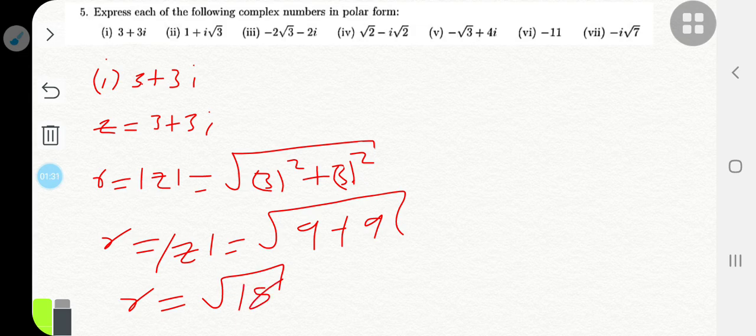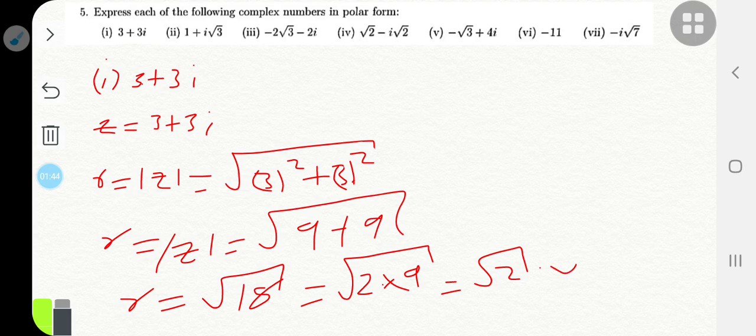And we know that 18 can also be written as 2 multiplied by 9, and the square root of 9 is 3, so we get 3 root 2.